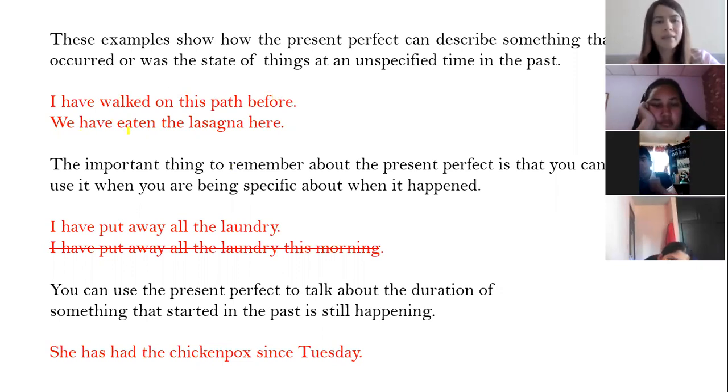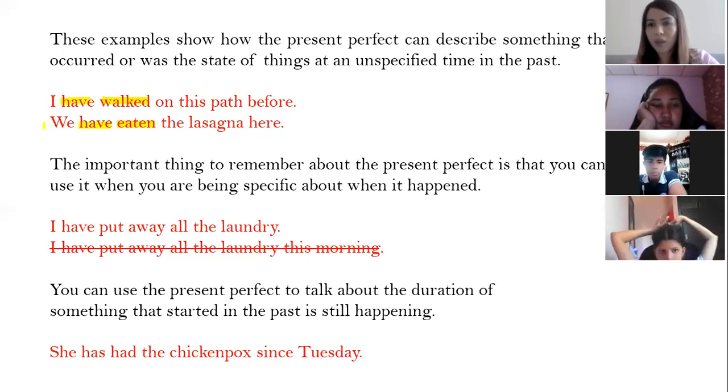We have eaten. Is it a regular verb? It is an irregular verb. Past participle, what? Past participle, eaten. We have. Está hablando en primera persona. Por eso utilizamos have. Y los verbos van en su pasado participio. What? Eaten. The lasagna here.